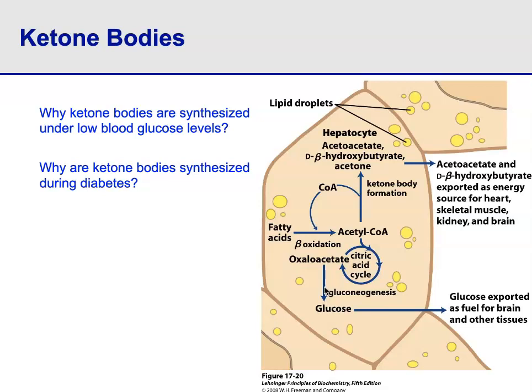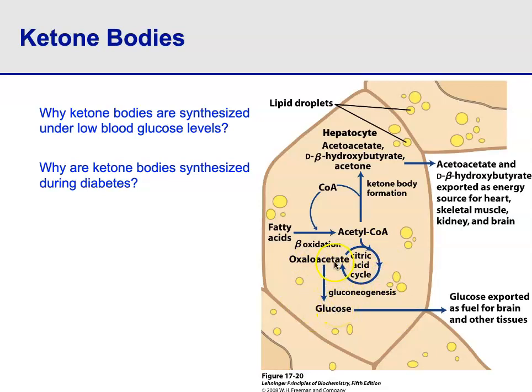So not only now we have a situation where malate dehydrogenase doesn't want to produce oxaloacetate, and then whatever oxaloacetate is produced enters the TCA cycle because we need energy, but also oxaloacetate is pulled away for gluconeogenesis. Now, how would that affect the citric acid cycle if you pull away oxaloacetate? It would inhibit it.